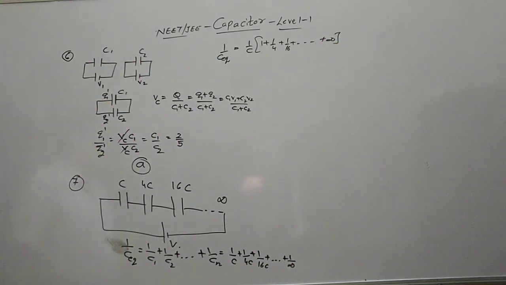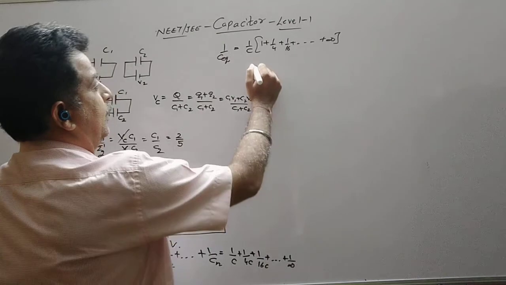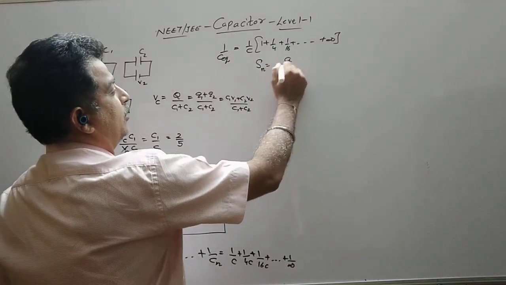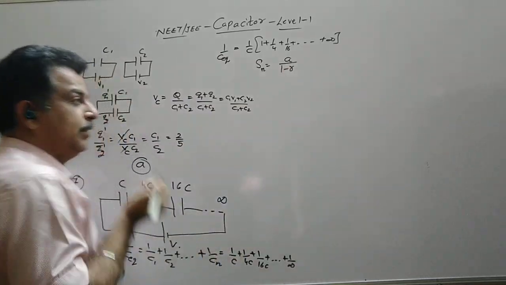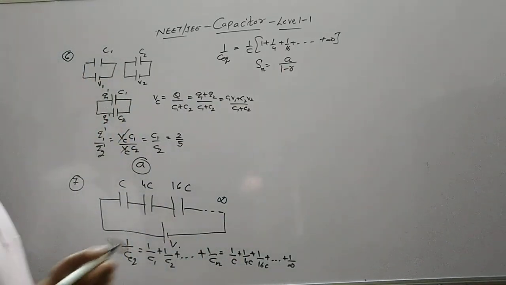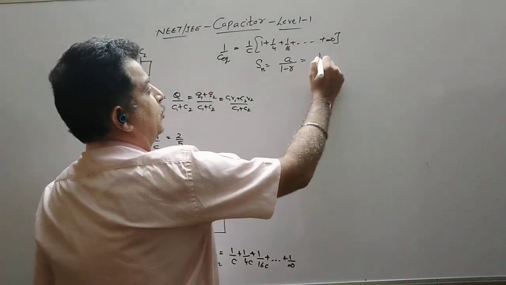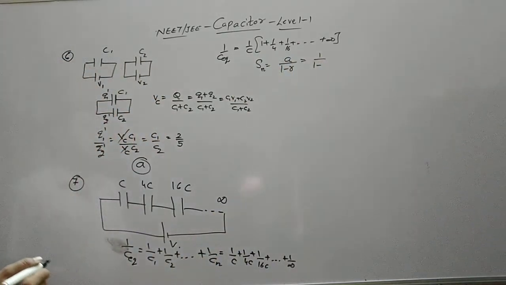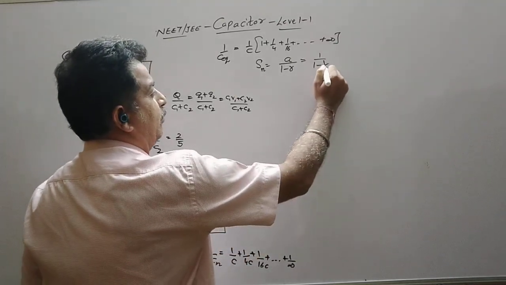So now clearly it is a geometric series, and the sum S is equal to the first term divided by 1 minus the common ratio. The first term is 1, and the common ratio will be 1 by 4.